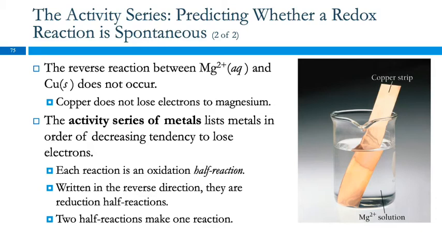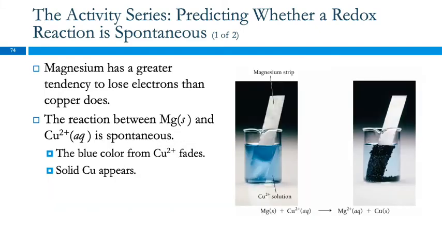So the activity series for metals helps us to predict which reactions will occur and which ones will not. You can kind of think of it this way: copper is going to grab those electrons. Copper wants the electrons. Magnesium's like, yeah, whatever, you can have them. Just doesn't care as much.